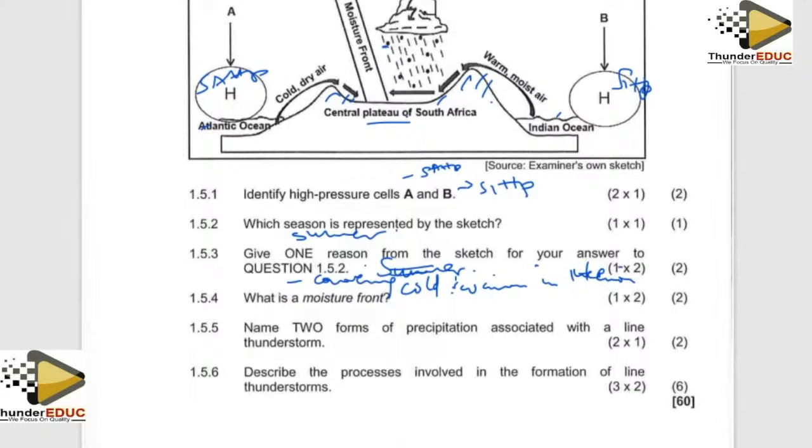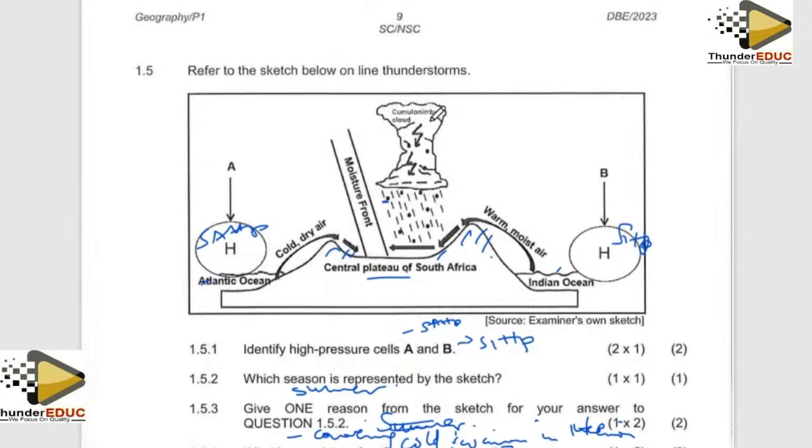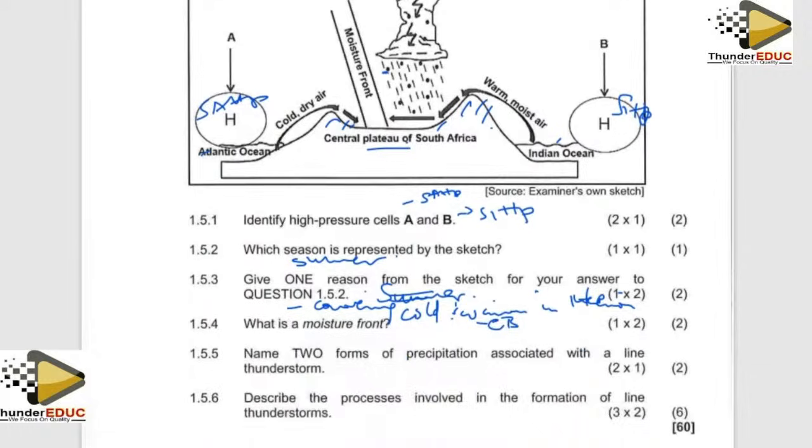Then we can give another reason: the CB clouds, the cumulonimbus clouds, which you can see here, are evident in the interior and are responsible for heavy rainfall. That heavy rainfall occurs only in the interior during summer. So the CB clouds and the heavy rainfall in the interior also explain the season. The fact that warm air and cold air can intersect in the interior tells us that. All right, sorry for that.